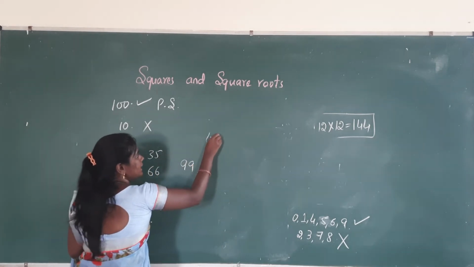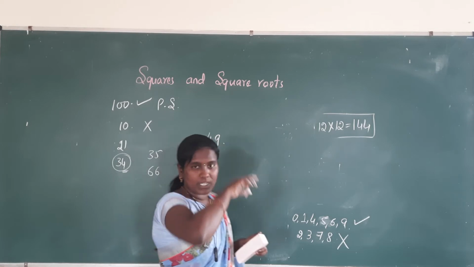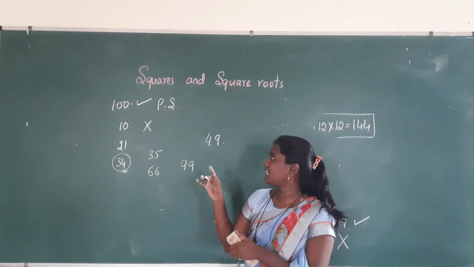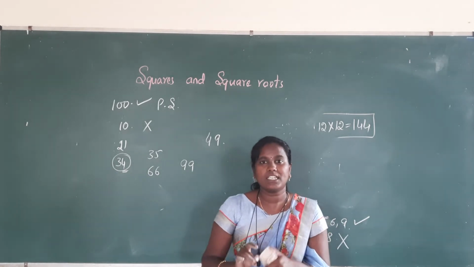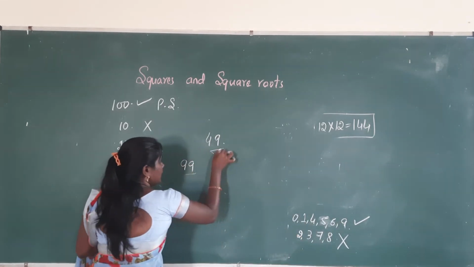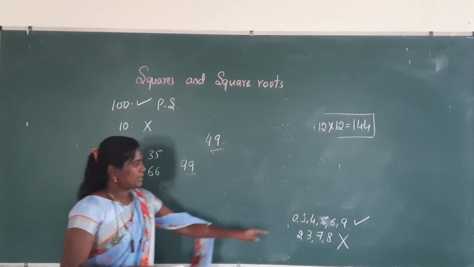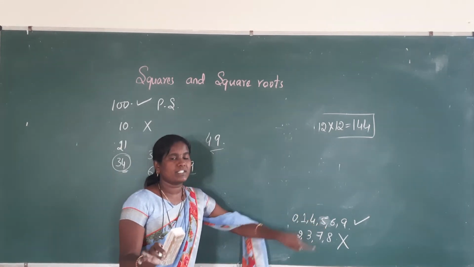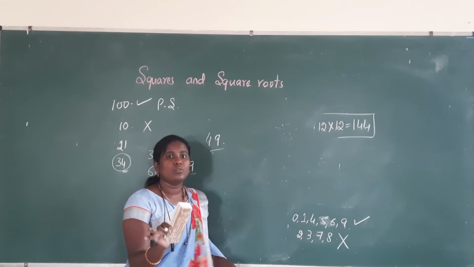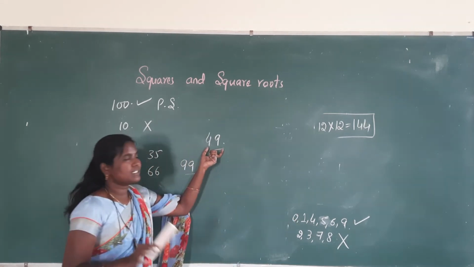If you take 49, is it a perfect square? Yes, of course, because it is the square of 7. So it is not always true that numbers ending with 0, 1, 4, 5, 6, 9 are perfect squares. For some numbers it is possible.